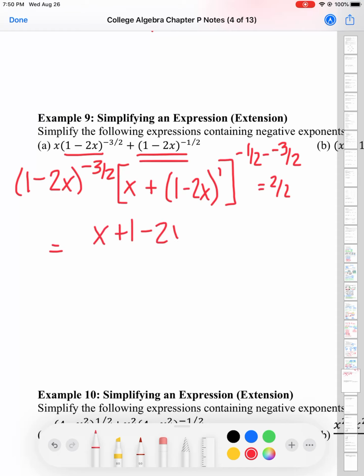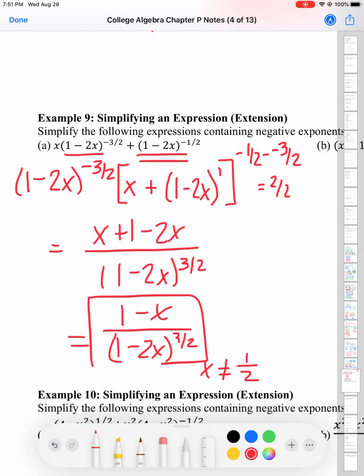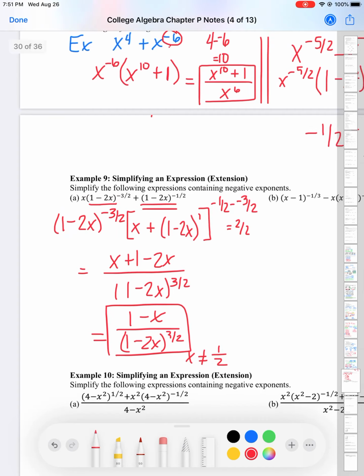So now I have x plus 1 minus 2x over (1 minus 2x) to the 3/2 because I want to change that to a positive exponent. So I have 1 minus x over (1 minus 2x) to the 3/2. x cannot be 1/2.